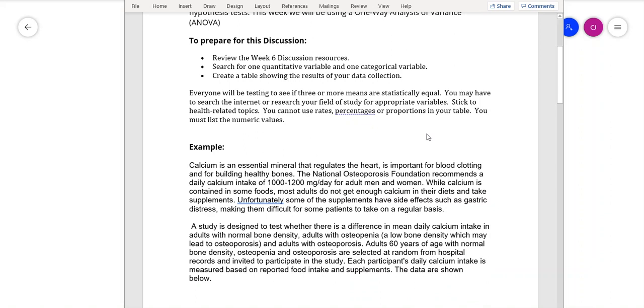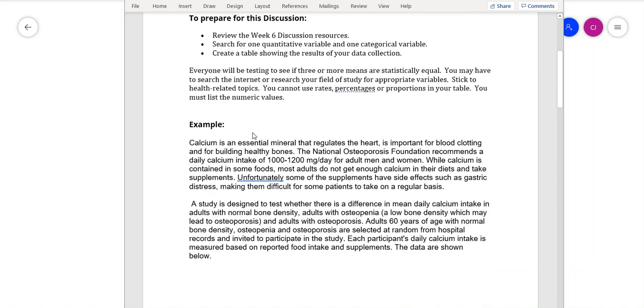Let's look at an example here. It says calcium is an essential mineral that regulates the heart, important for blood clotting and for building healthy bones. The National Osteoporosis Foundation recommends a daily calcium intake of 1,000 to 1,200 milligrams a day for adult men and women. While calcium is contained in some foods, most adults do not get enough in their diets and take supplements.